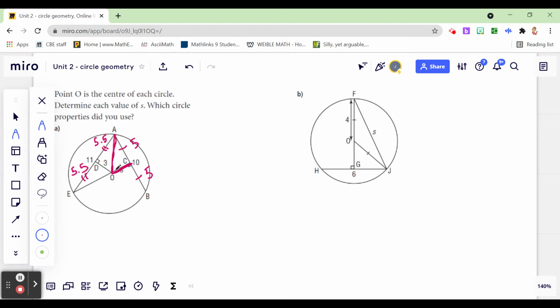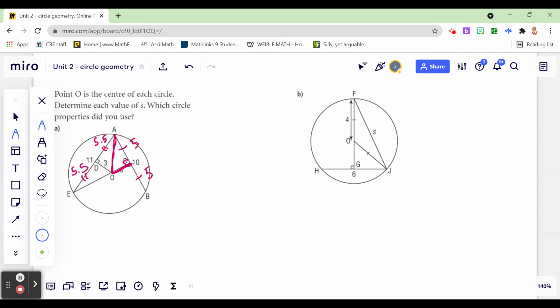Then I have this triangle that I can use to help me find S, because I have this side and I have a right angle, so I'm going to be using the Pythagorean theorem. But I don't have my radius, and I need at least two of the sides. So I'm going to look to these two triangles here and see if I can use one of those to help me.